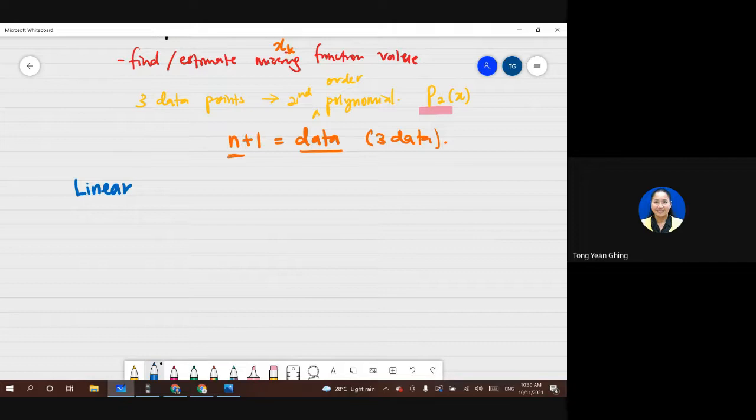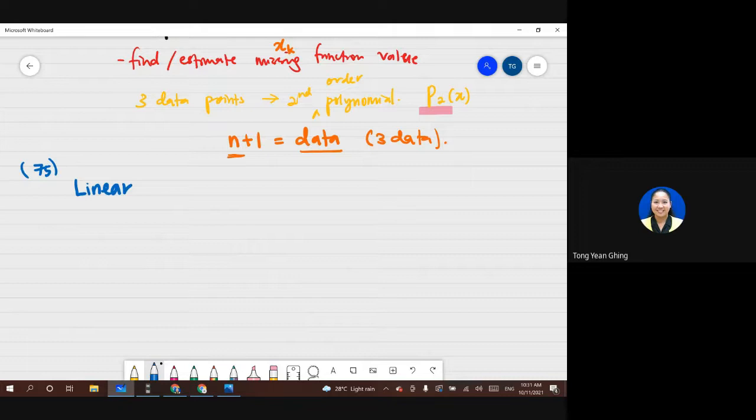If you have the book, for Lagrange interpolation with linear approximation, you can turn to page 75. This is the linear approximation.